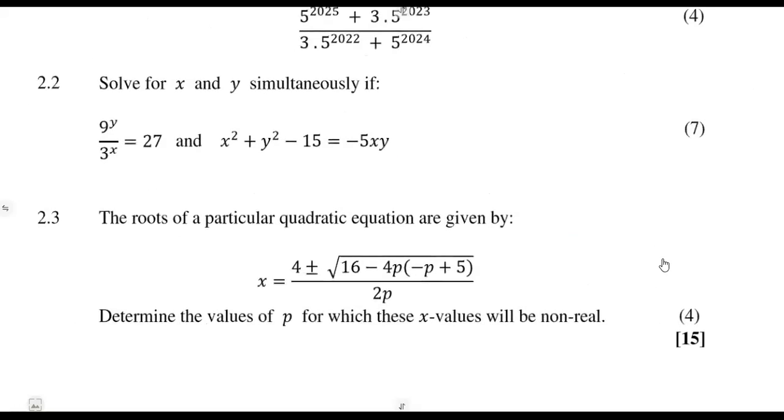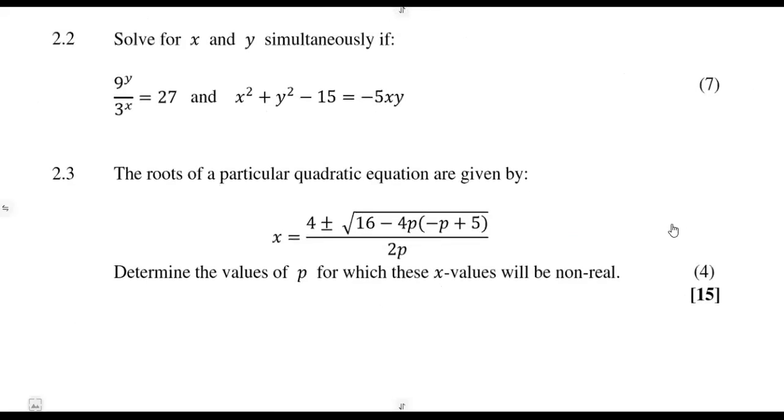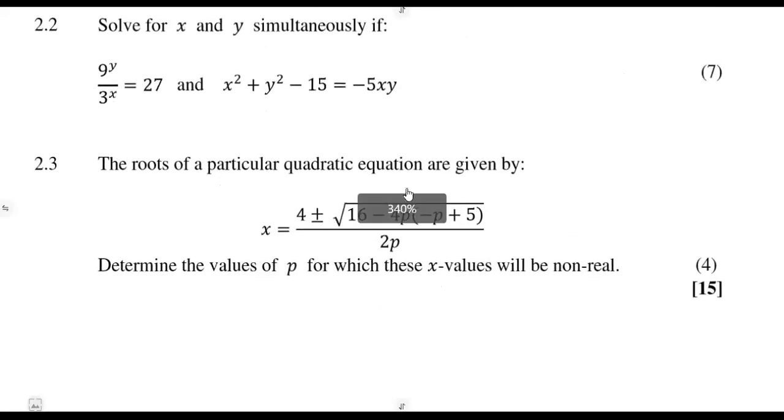Solve for x and y simultaneously. We're back to our simultaneous equations. So this is it, guys. As you can see, the first equation there is just a little bit complicated. Let us just try to break it down, then we can see what is happening. 9 to the exponent of y over 3 to the exponent of x is equal to 27.